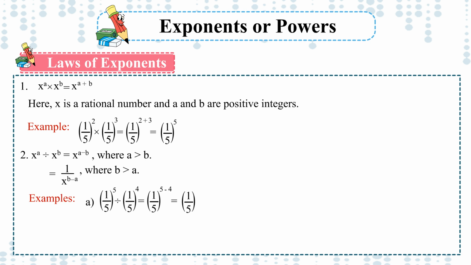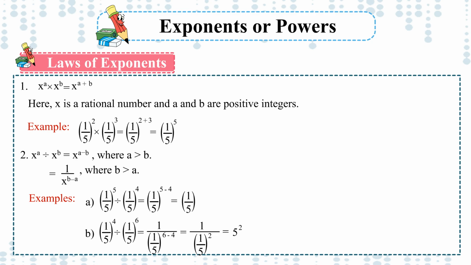Examples: a. 1/5 raised to the power 5 divided by 1/5 raised to the power 4 is equal to 1/5 raised to the power 5 minus 4 is equal to 1/5.